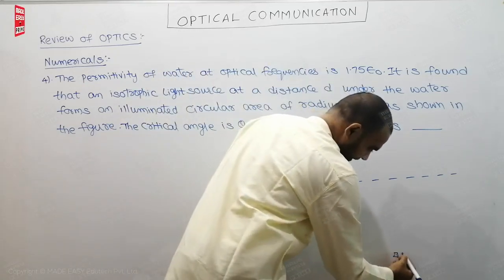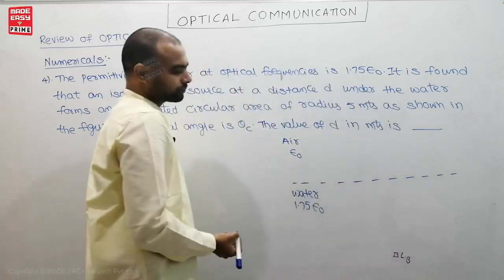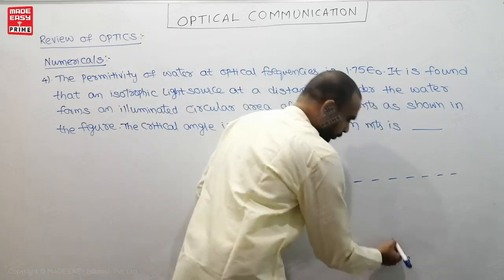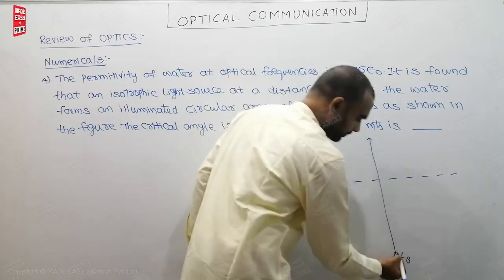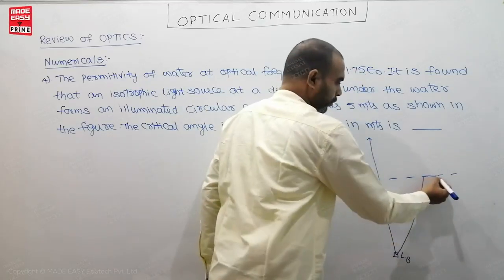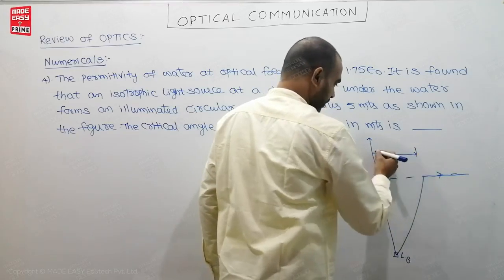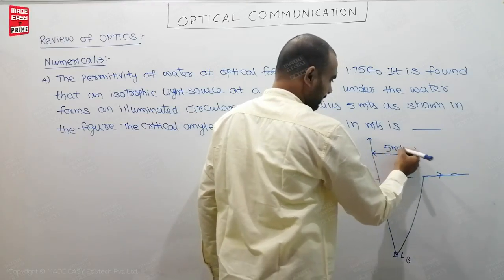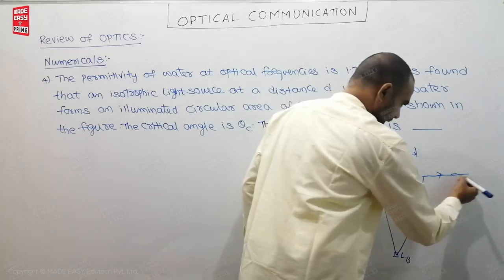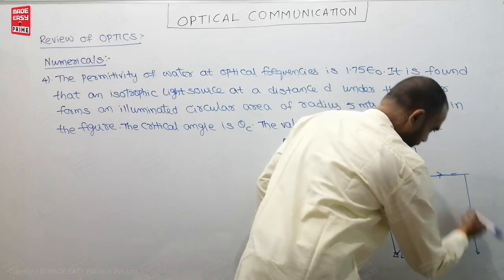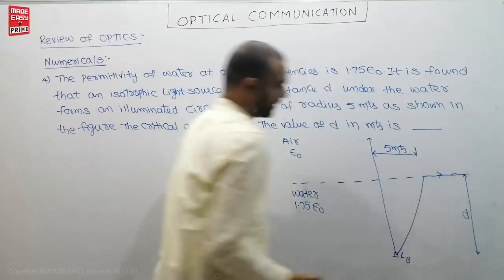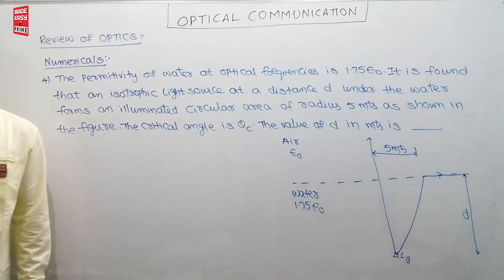Here we place the light source. The light source illuminates as shown in the figure. This distance is 5 meters, and this is d, the distance we want.